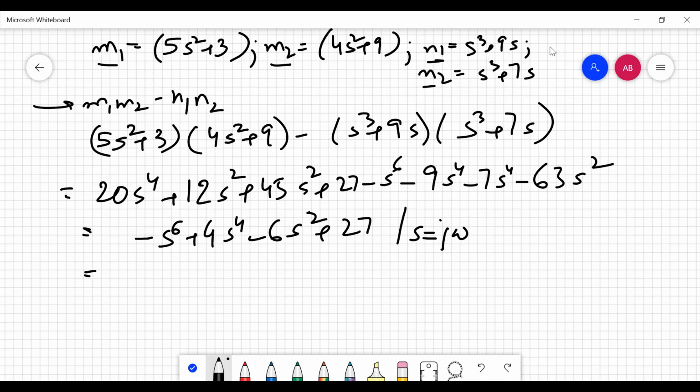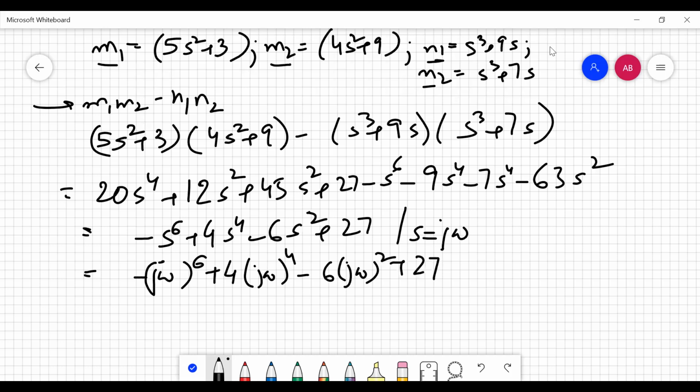When you replace it, be very careful that you do not skip any power of s, and also take care of the negative and positive signs, because only then will you know that you get the value of that function greater than or equal to 0.